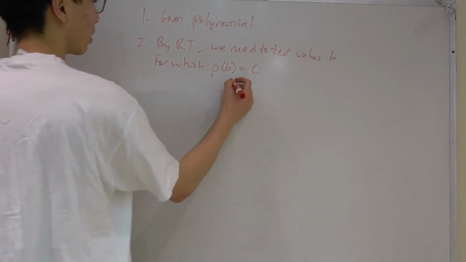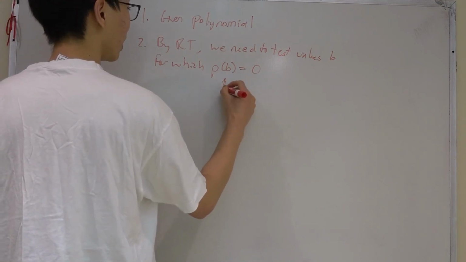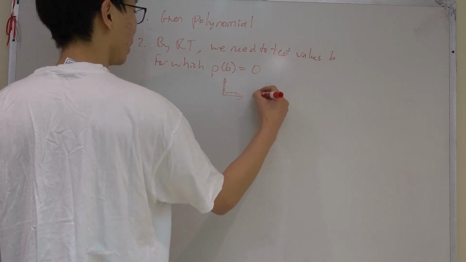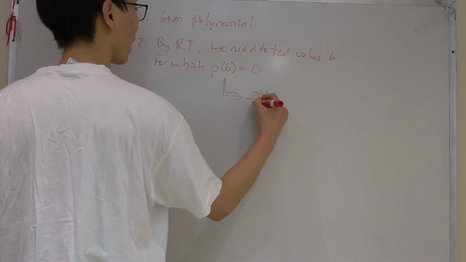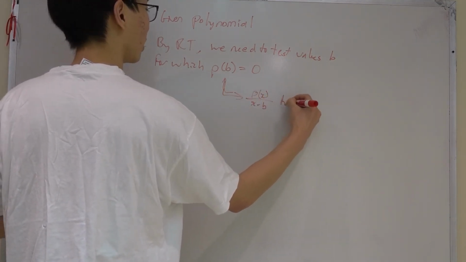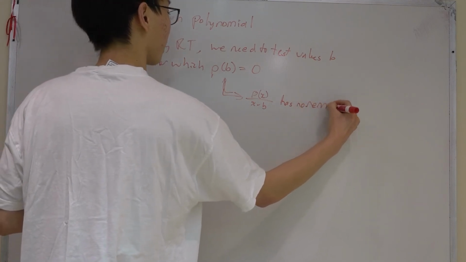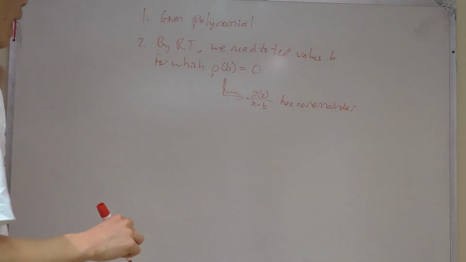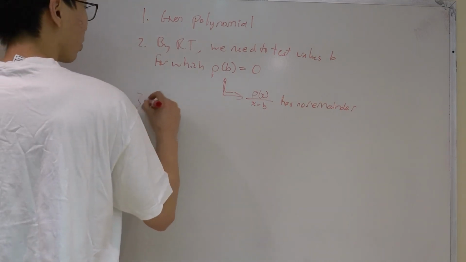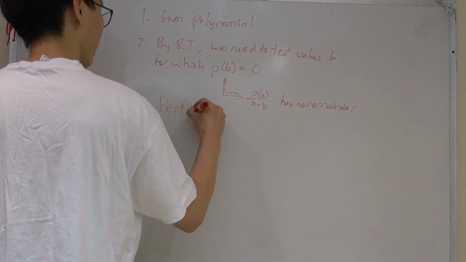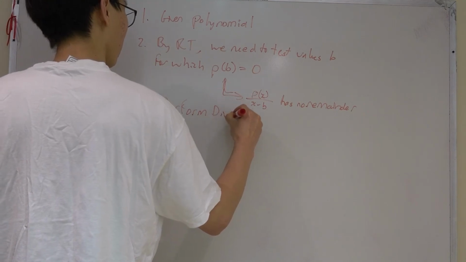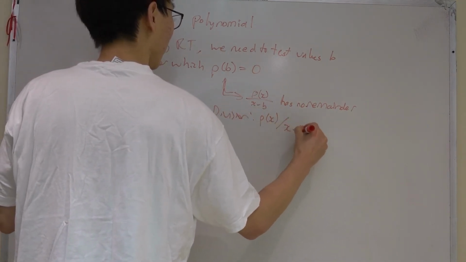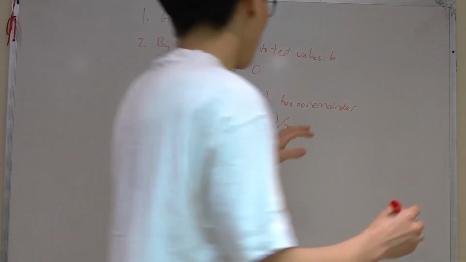By the remainder theorem, this statement is equivalent to the statement that the division P of x divided by x minus b has no remainder. Okay? So now, what you do is, you perform division. P of x divided by x minus b. Okay? And you will get some quotient.